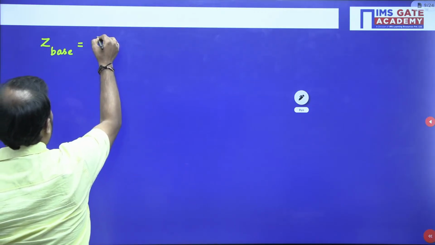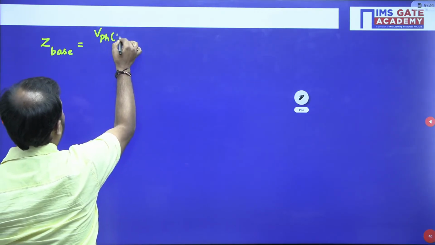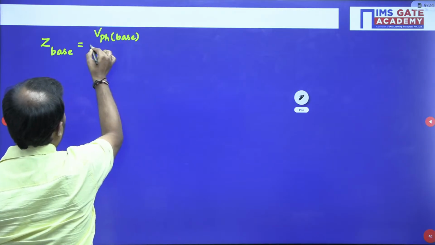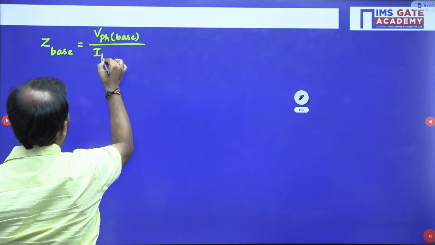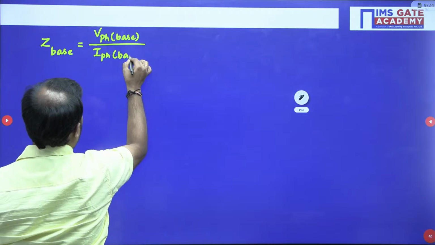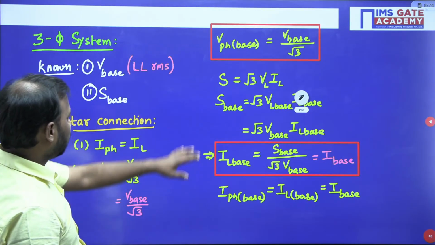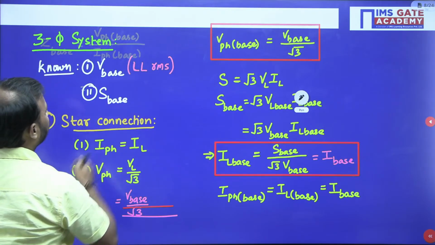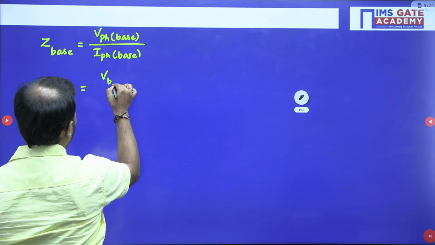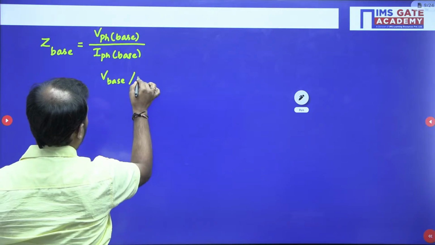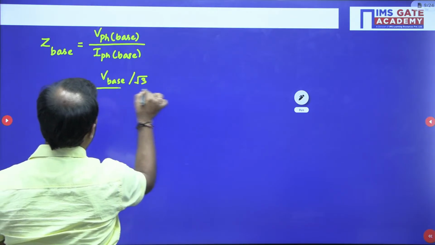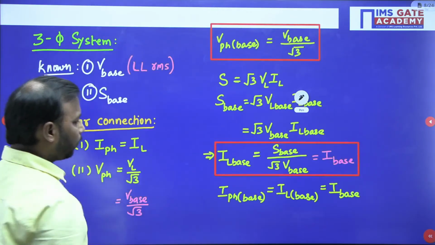So we need to take V phase base upon I phase base. V phase base we have found out like V base by root 3, whole divided by I phase base.